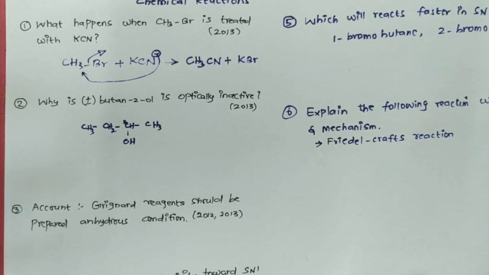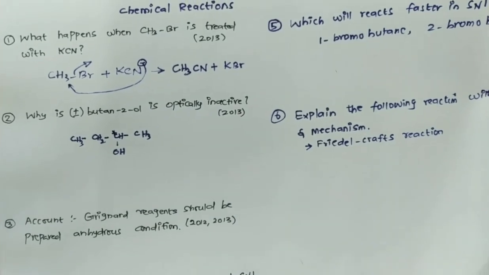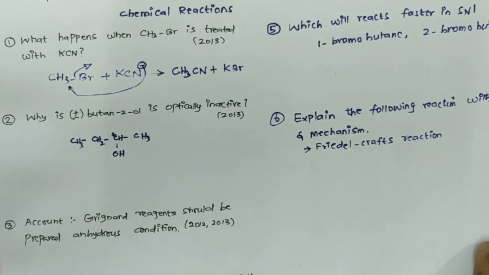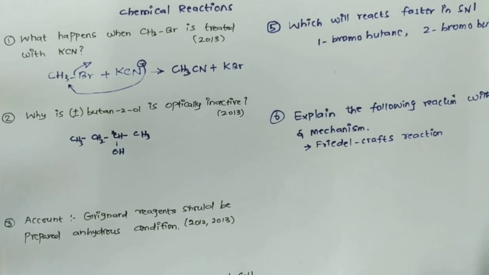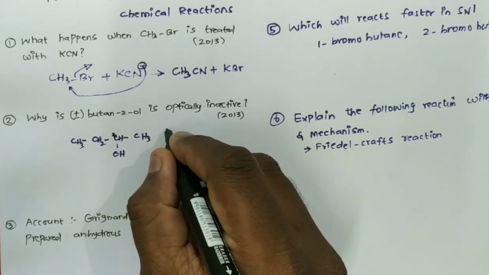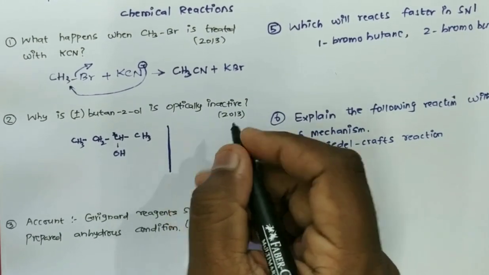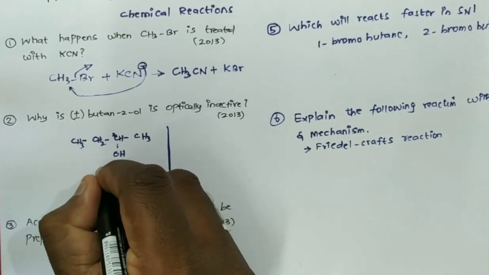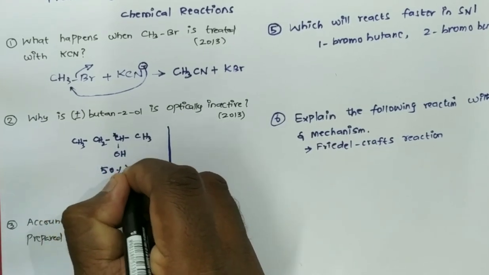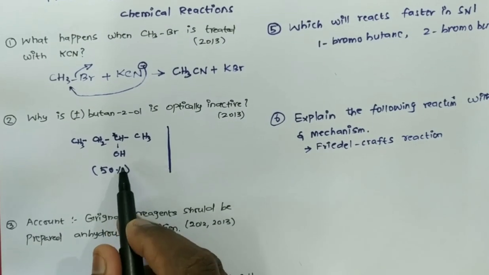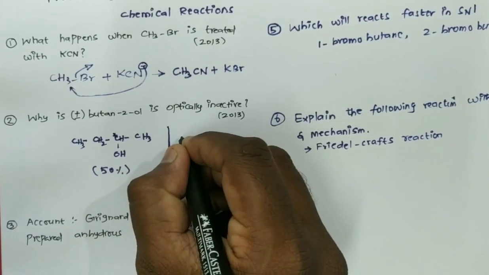But in this case they asked why plus-minus butan-2-ol is optically inactive. Because if these two compounds are taken 50% each, suppose as plus or minus, that is 50% of this compound and its mirror image.